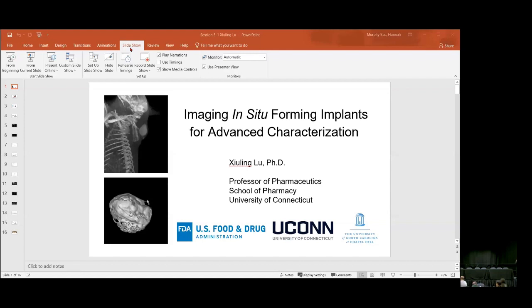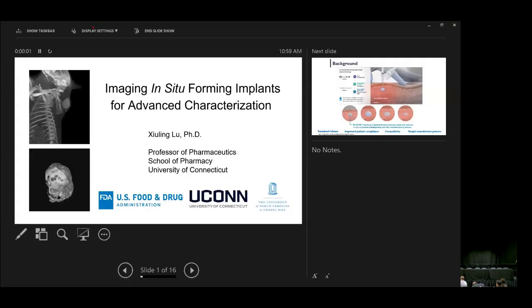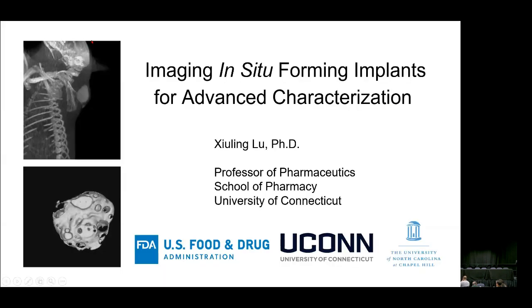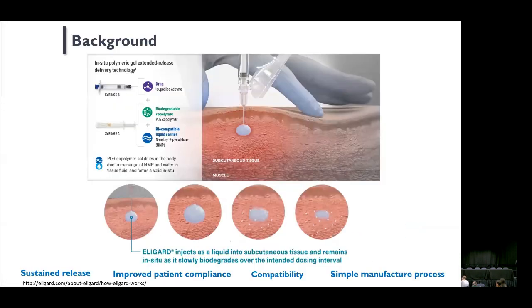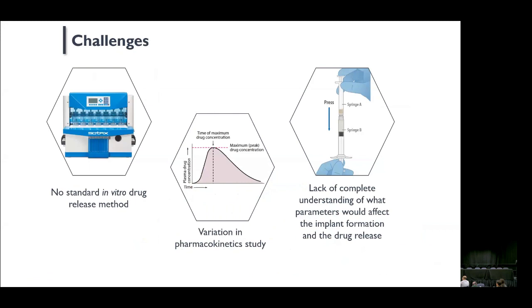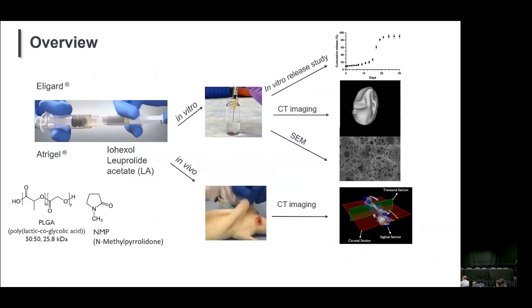We also weighed the implant, and we can monitor the drug release in the meantime. Some of the implants we took out to do SEM imaging. The other study we did in vivo, just injecting the implant into the subcutaneous space of rats so that we can use CT imaging to look at the implant.